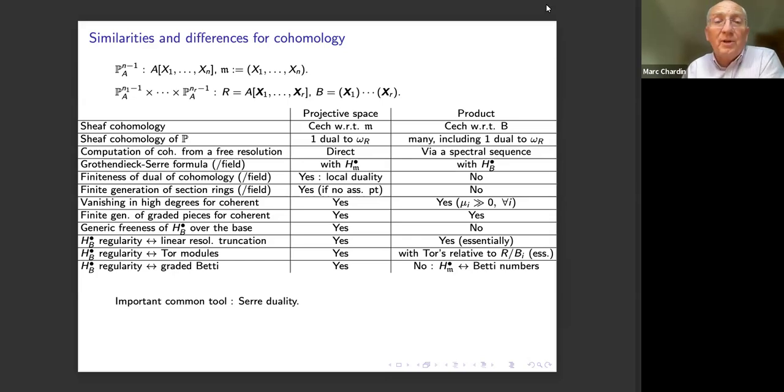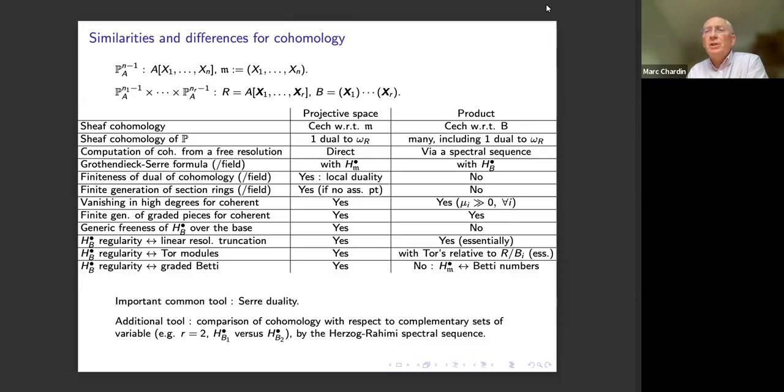An additional tool that is sometimes useful is that you can compare the cohomology with respect to two complementary sets of variables by a spectral sequence that was constructed by Jürgen Herzog and Rahimi. That gives also some relation between the cohomology with respect to one set of variables or the other.